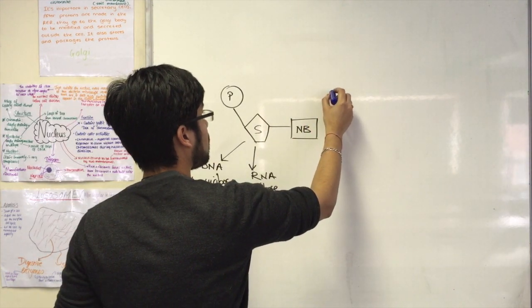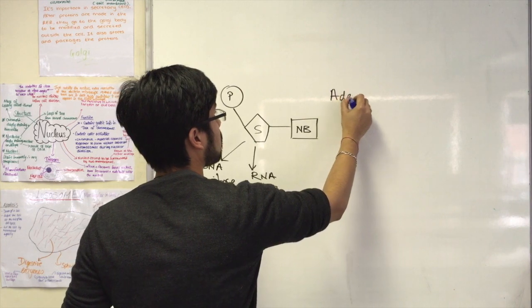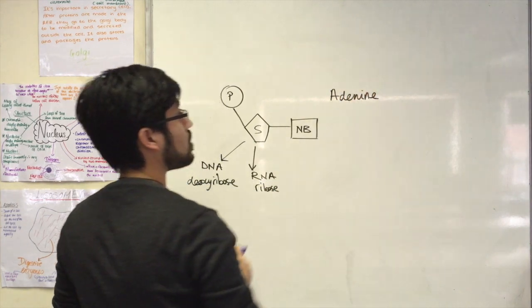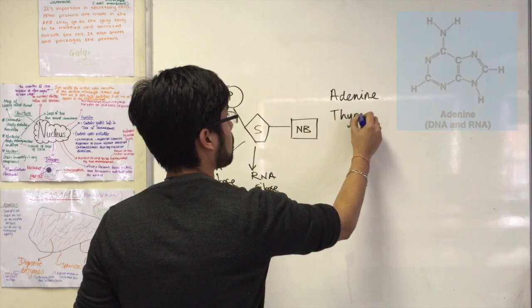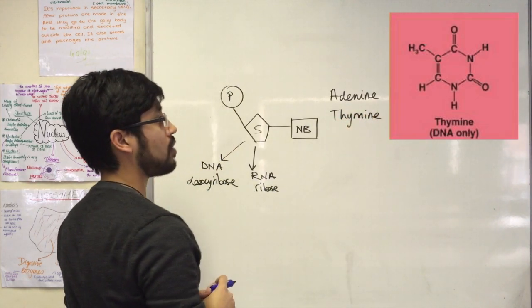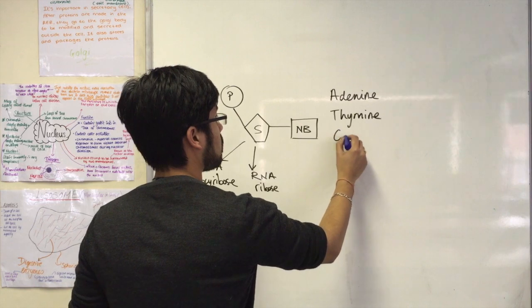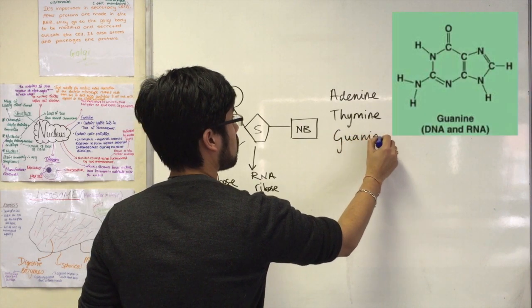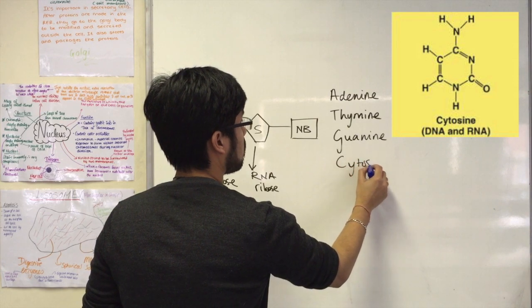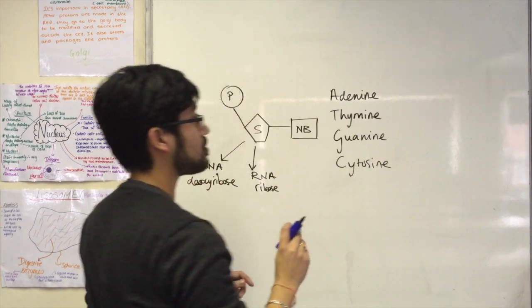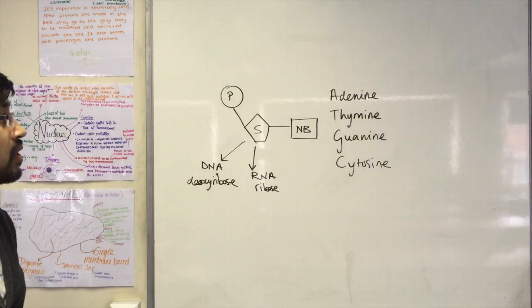In DNA, there is adenine, thymine, guanine, and cytosine. Okay?